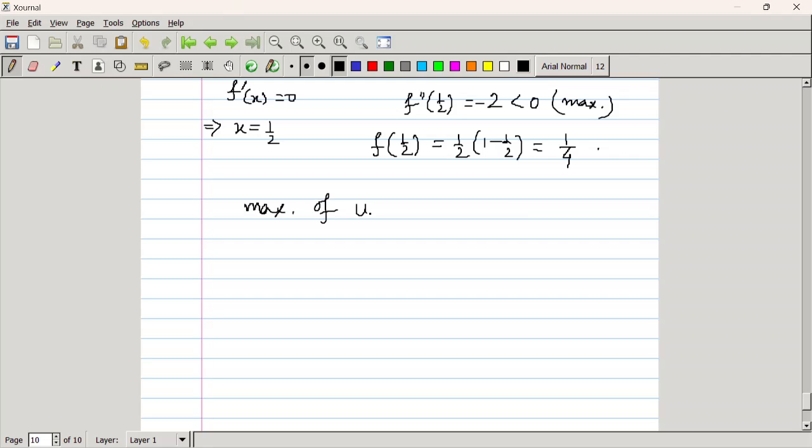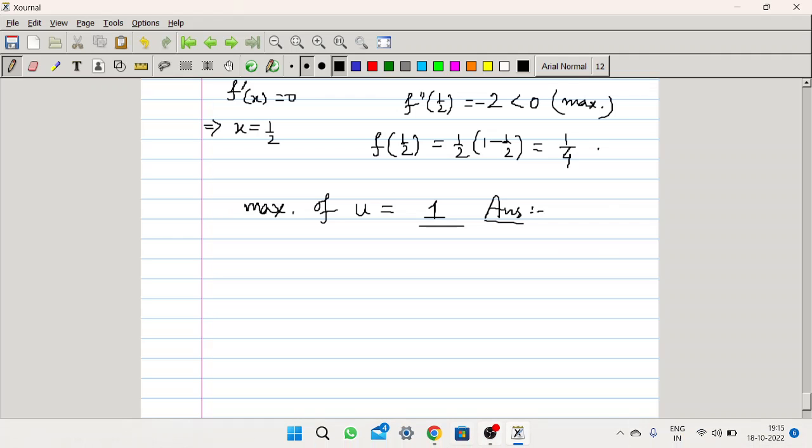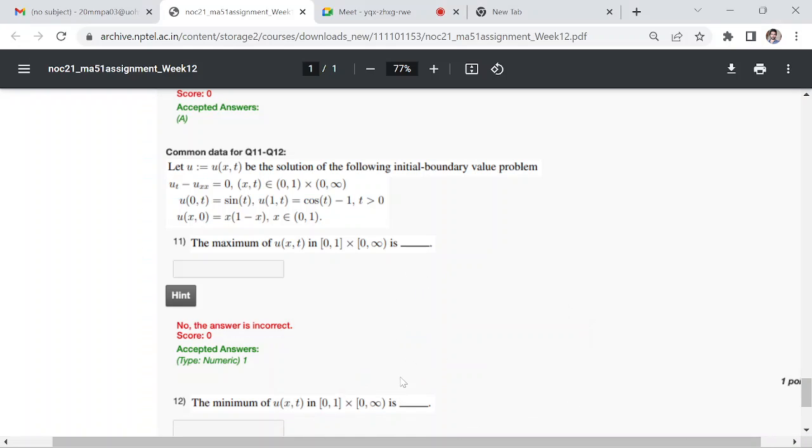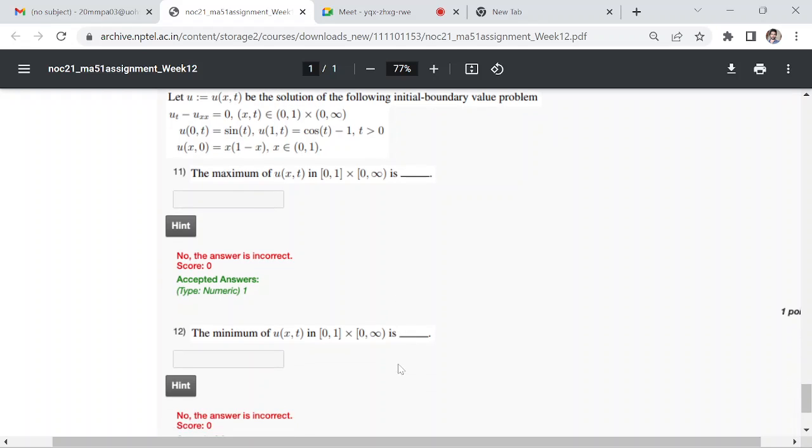Maximum of u is equal to 1. This is my answer. So let me show you again. Maximum of u is 1. The accepted answer is also 1. Now for the same question, you have to find the minimum of u.